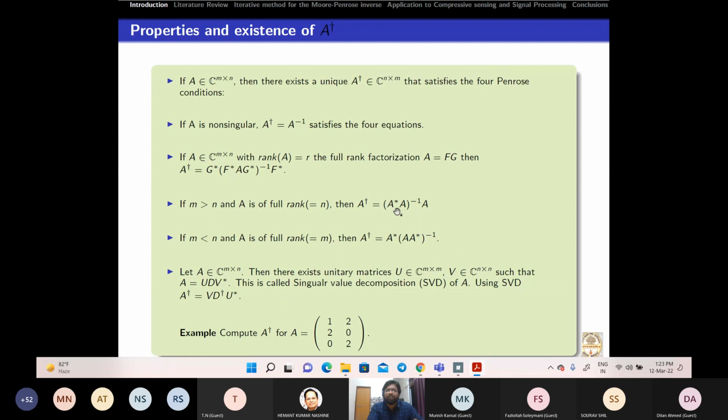We have seen the normal equations, which also arise in statistics, where you are trying to solve A transpose A X equal to B. Then its solution is A transpose A inverse A transpose B if A is of rank n, and this expression is nothing but the Moore-Penrose inverse of A. Similarly, if the rank of A is M, full row rank, you can directly compute the Moore-Penrose inverse using this formula. You can also verify that these expressions satisfy the four equations.